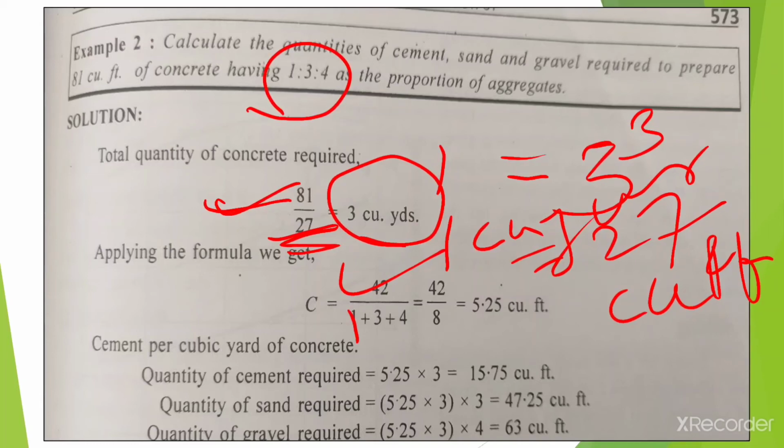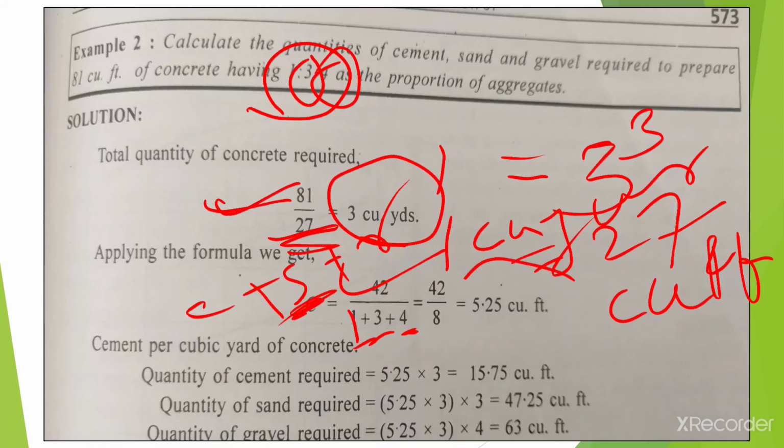So 1 for the c, then plus s plus r, 3 for the sand, and 4 for the gravel. By putting all the values we will get the final answer, that is 5.25 cubic feet quantity of cement that is present in the concrete. But we have to calculate in this example total quantities of cement, sand and gravel separately.